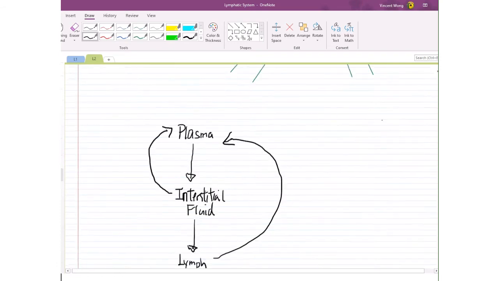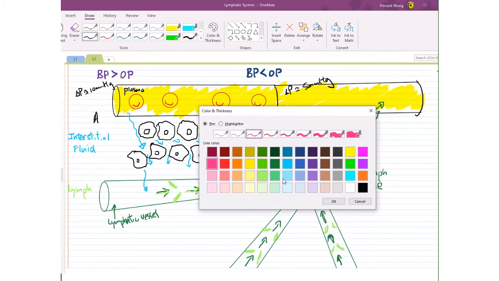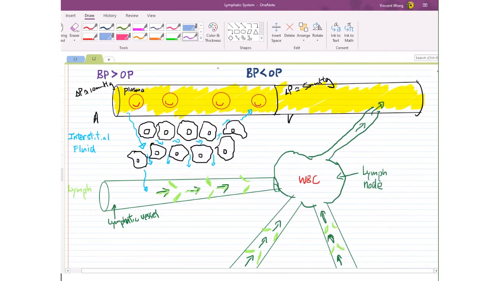So you might be wondering, why go through the trouble of leaking out and then only return it later into the system? Well, actually, this is an important mechanism for detecting foreign antigens in the system. Let's say you have a thumbtack again or something, and this time the thumbtack carries some bacteria.